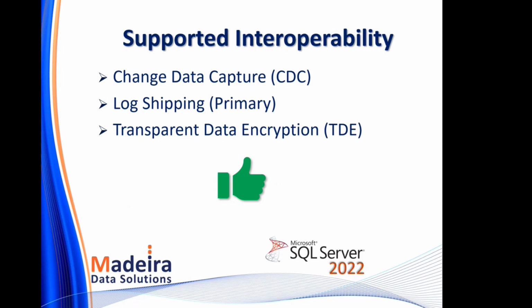The condition for these features to work is that you configure them while you're connected to the contained availability group, so that those MSDB and master level objects would be created inside the contained system databases.